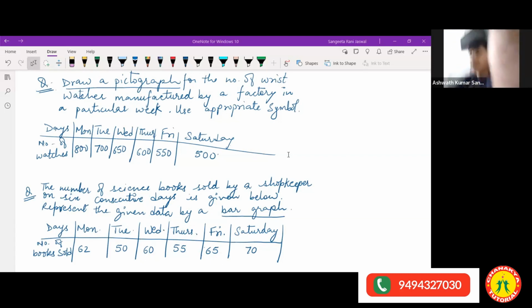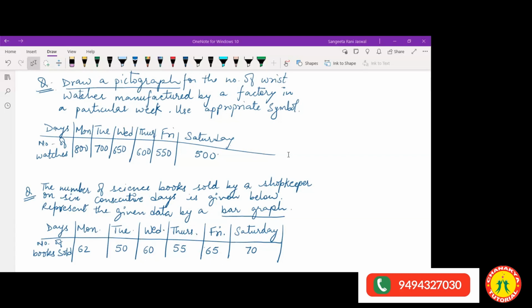Okay. So, any more questions from this chapter or we'll move ahead? We'll look for some other chapter. Yes, Rishit, tell me. Soumya, tell me, you have your exams coming. Yes, ma'am. Ashwath has finished his maths exam. So tell me, Soumya, which chapter you want to revise now?